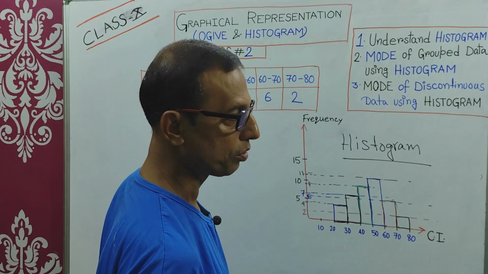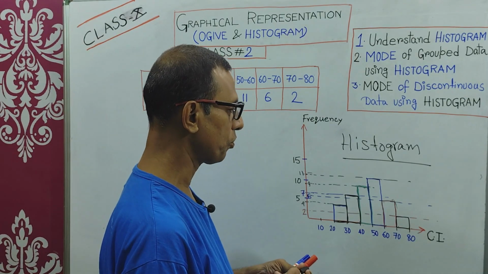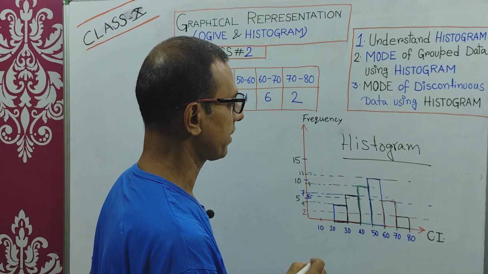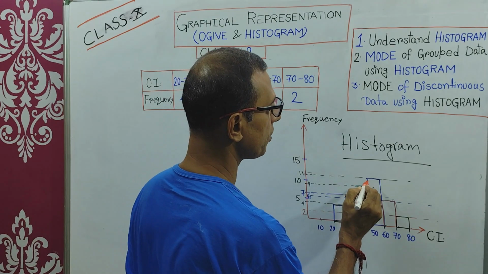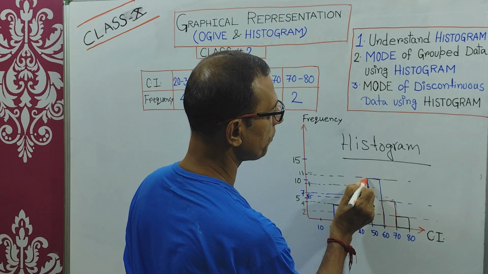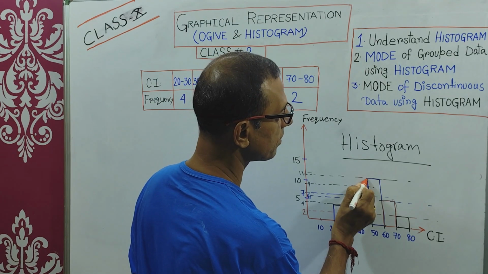Now what is the mode? There is a trick to find it. For the highest rectangle, you need to draw a diagonal from the leftmost top corner of the highest rectangle to the leftmost top corner of the next rectangle.